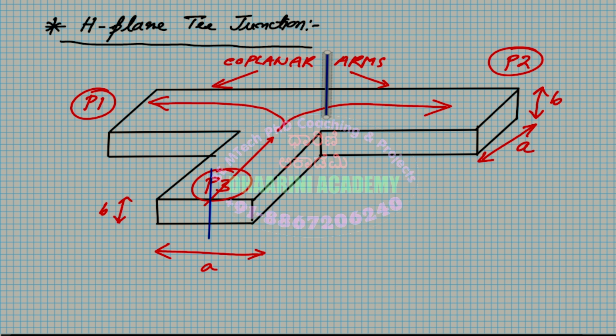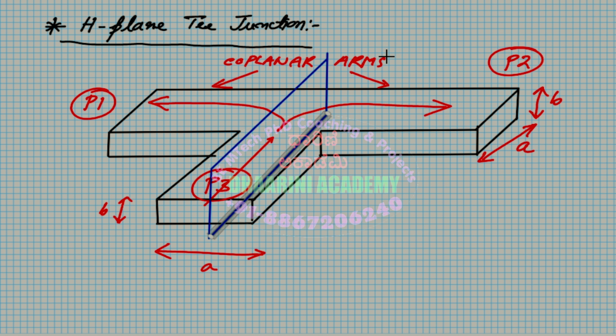In the sense, if you cut this particular device along this plane, what we are going to see is that it is symmetric. This plane is a vertical plane, 90 degrees to the surface. So whatever you see on the left side is the same on the right side. That's why this blue colored plane is considered as the plane of symmetry.